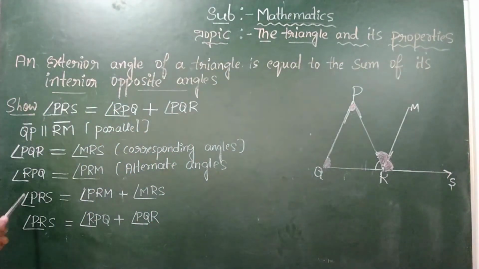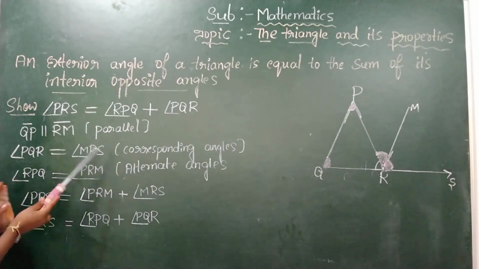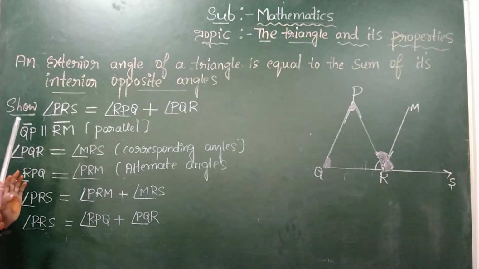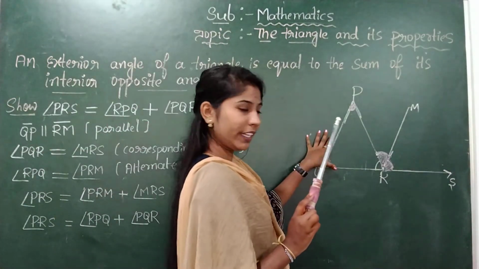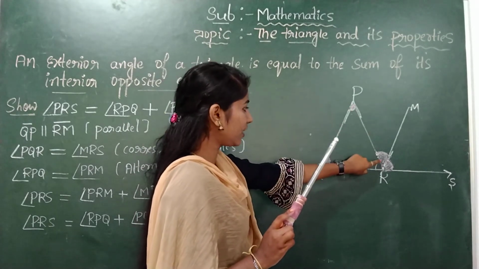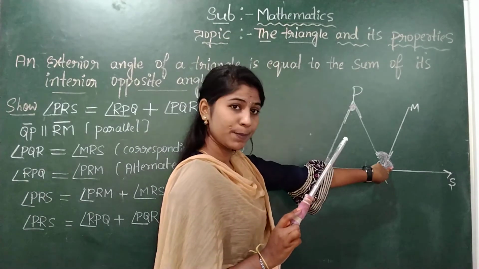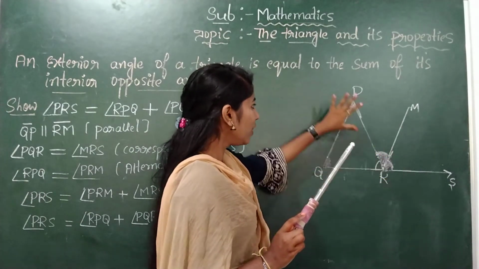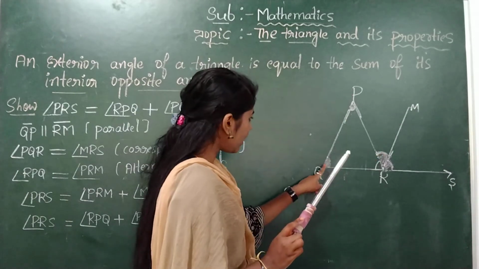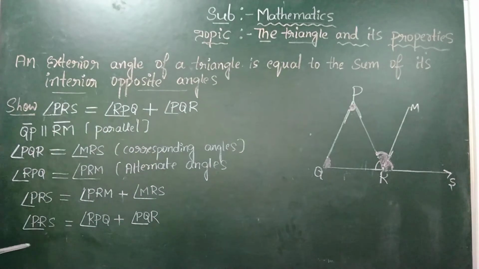So RPQ is equal to PRM because those two are alternate angles. See this figure, you will get the idea. This angle P is alternate to this angle, and this angle Q is corresponding to this angle. Okay. Finally, what we can tell about PRS.